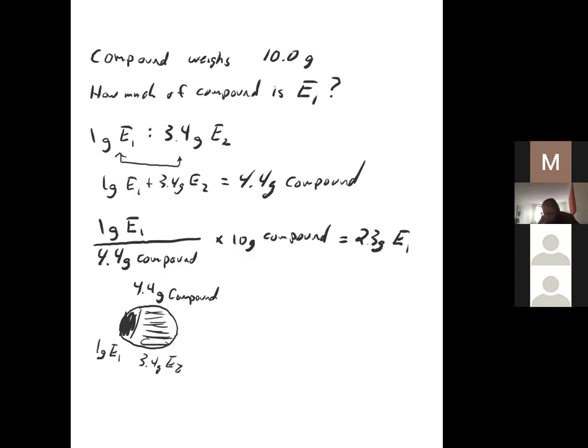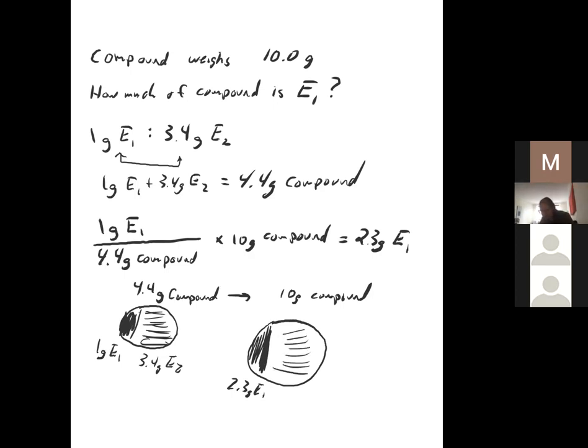Now I'm saying, what if instead of having 4.4 grams, I now have 10 grams of the compound? Well, that's just going to make this bigger. So now you're going to have more than 1 gram of element 1. You're going to have 2.3. And you're also going to have more of element 2, right? It would be 7.3 grams. But you're going to have more of both.